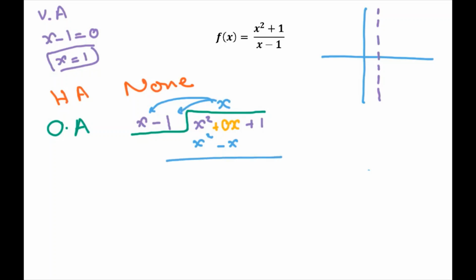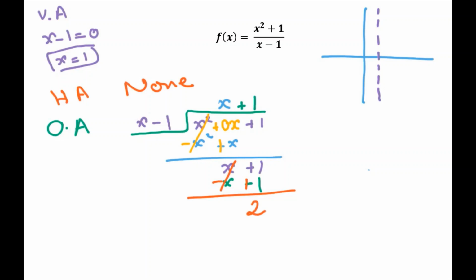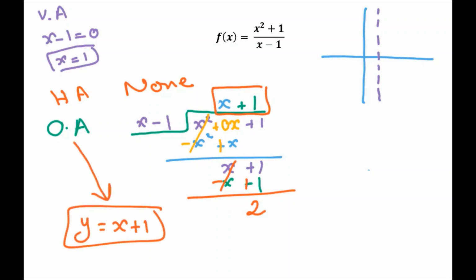And then you subtract. We're going to end up with x plus 1. Now go back and divide again. So we're dividing x by x is 1, and then x minus 1, and then subtract. The remainder is 2. So y equals x plus 1, we do have an oblique asymptote.